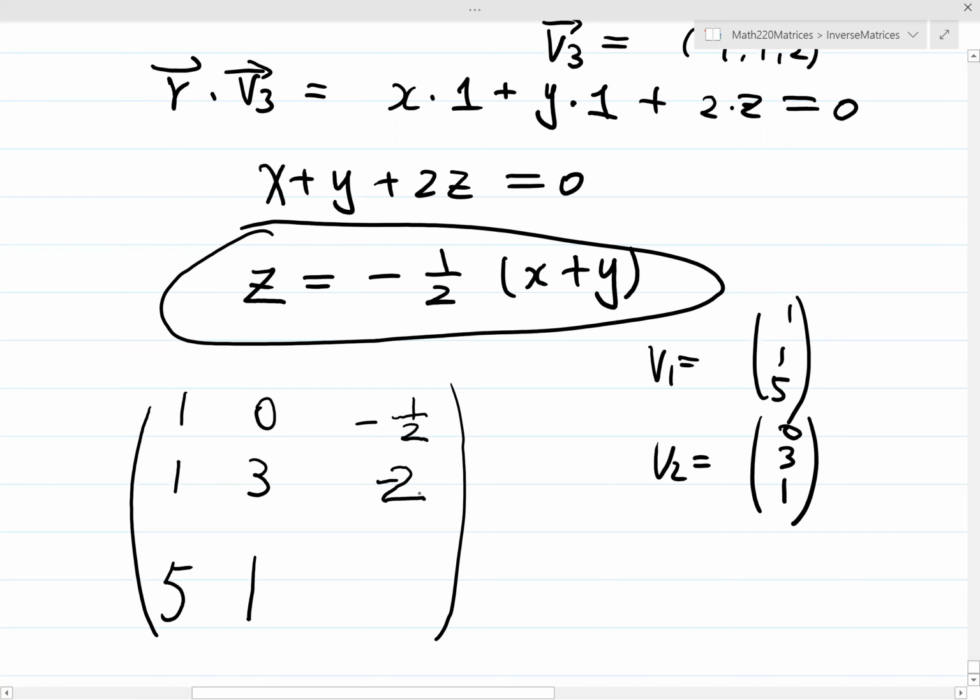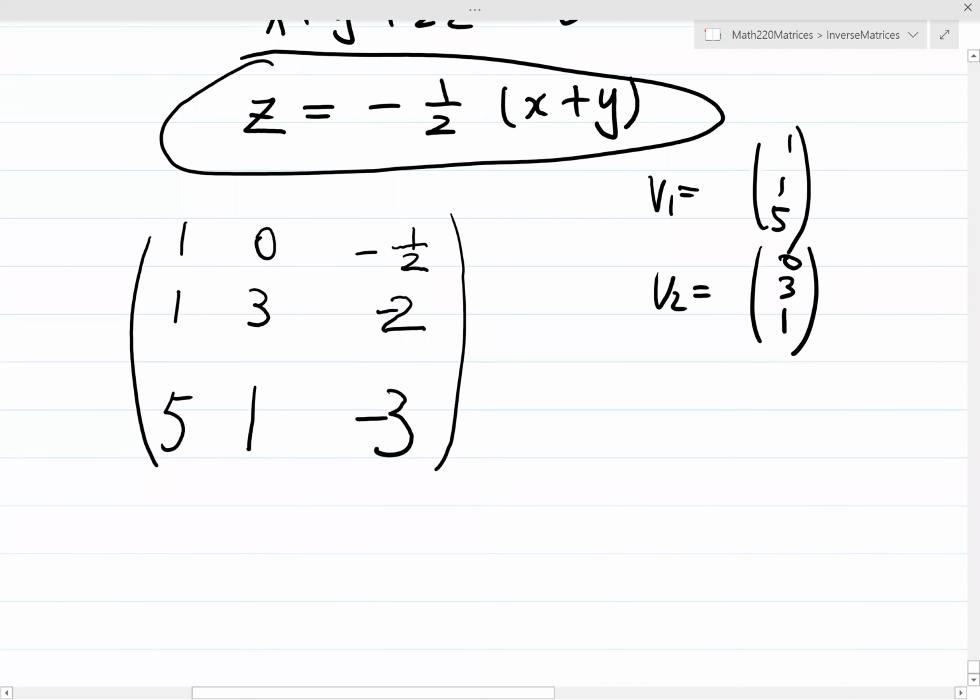Now row 3, X is 5, Y is 1. So Z is negative 1/2 times X plus Y. X plus Y is 6, so we get negative 3. So you can check this matrix A satisfies the given property.